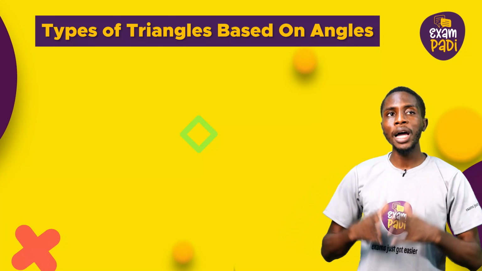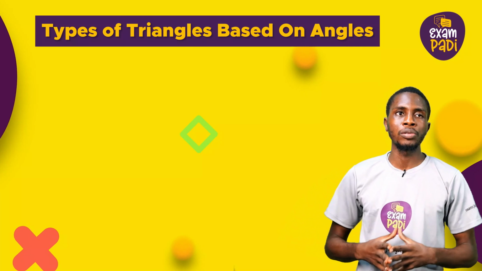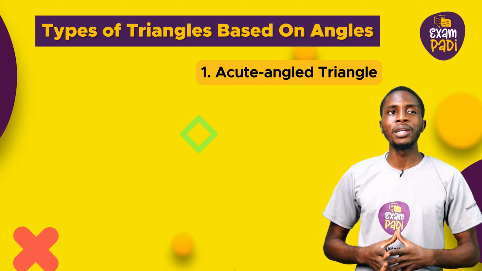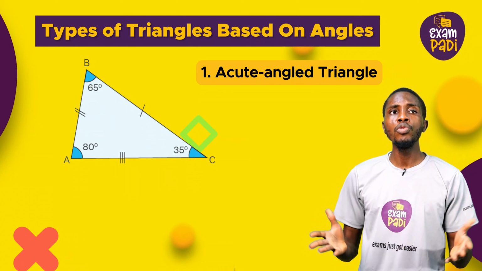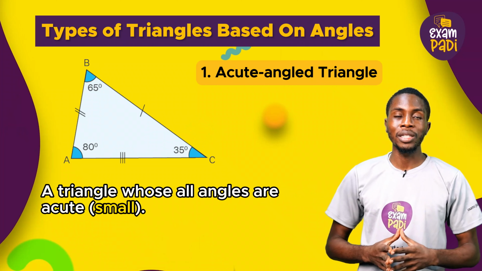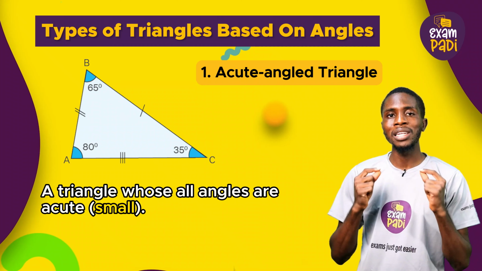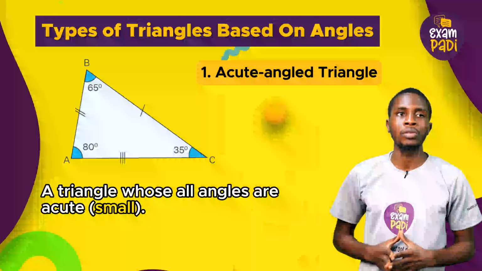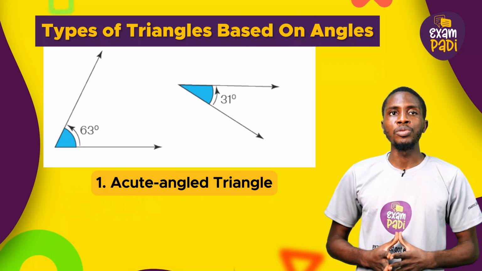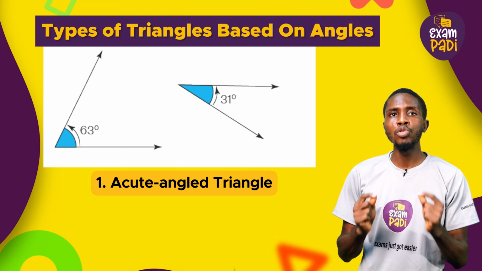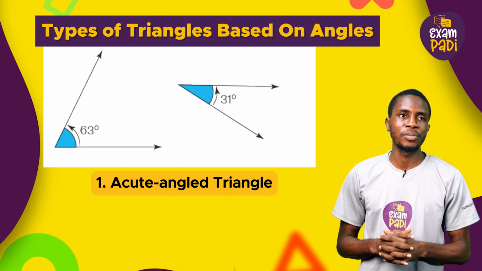Let's discuss types of triangles based on angles. The first one we'll be looking at is the acute angled triangle. A triangle whose angles are all acute, that is small, is called an acute angled triangle or acute triangle. An acute angle is an angle smaller than a right angle.